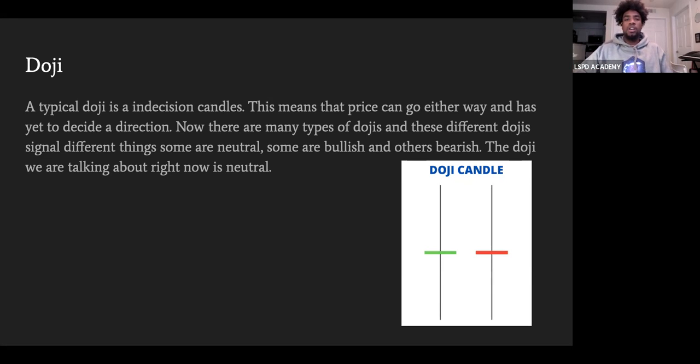That's the whole point. And with these dojis, there are more than one type of doji. I think there's like 5 different types of doji candles. But this one in particular is the main one you'll see, and the main one I just wanted to go over today.